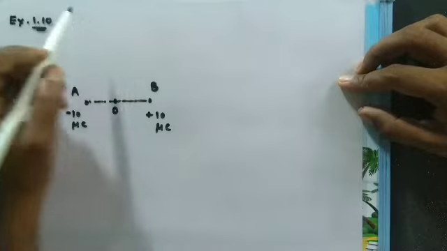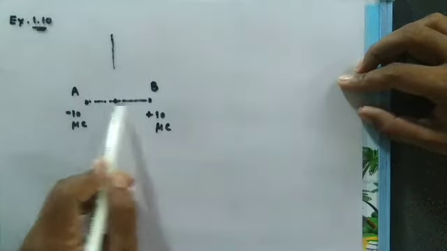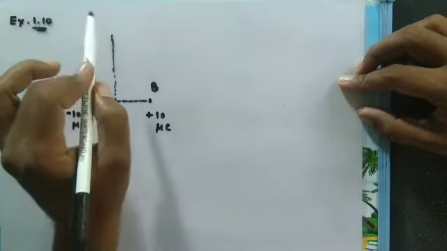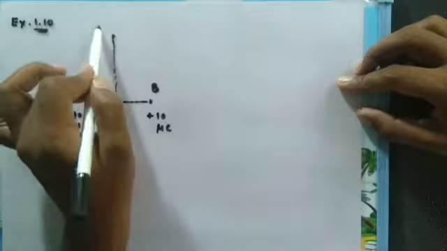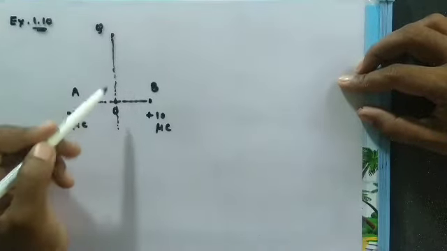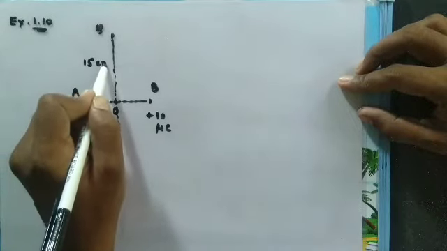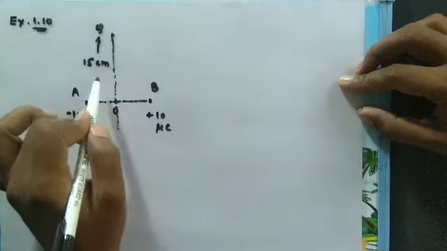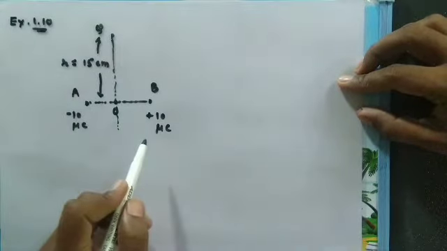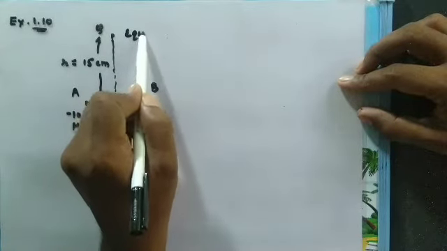And now the line which is perpendicular to this line joining AB is called an equator. And here a point Q is taken, which is again at a distance of 15 centimeter from point O. So now the distance R is equal to 15 centimeter, but it is on the equator.